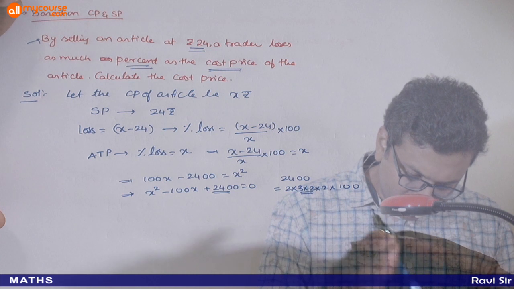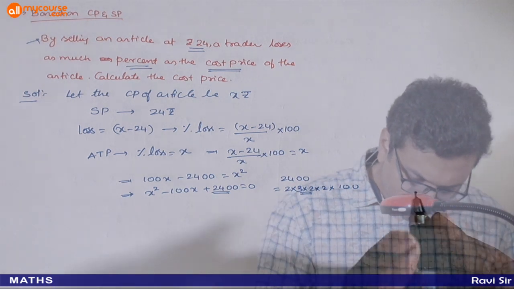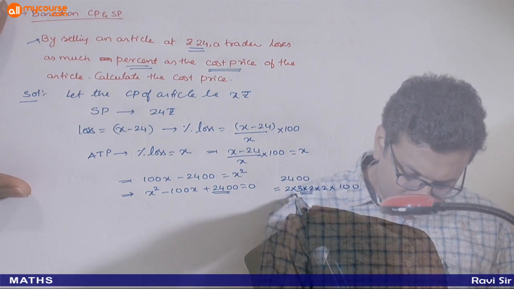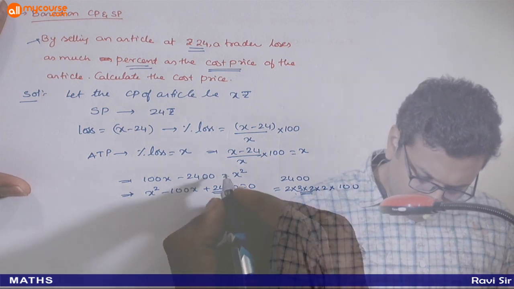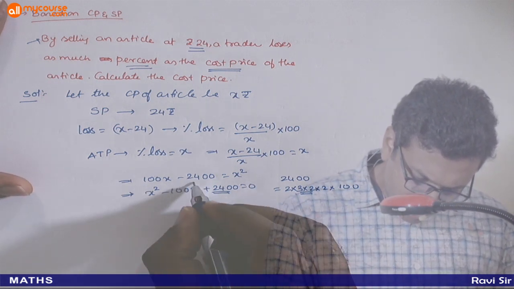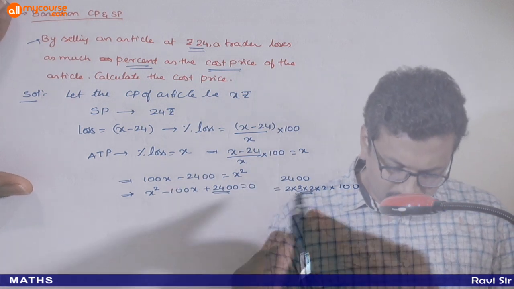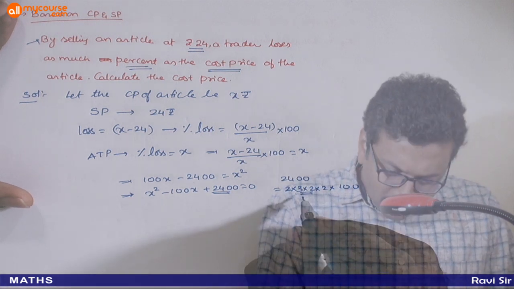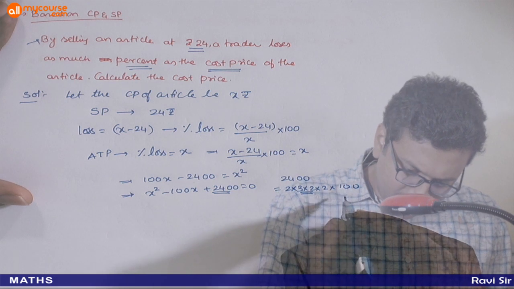So this 6 and 4 काम नहीं करते हैं. Anything else? 8 3s नहीं. So X square minus 100X plus 2400 is equal to 0. Let us do the splitting here. So 24 is 8 3s are 24, 100.